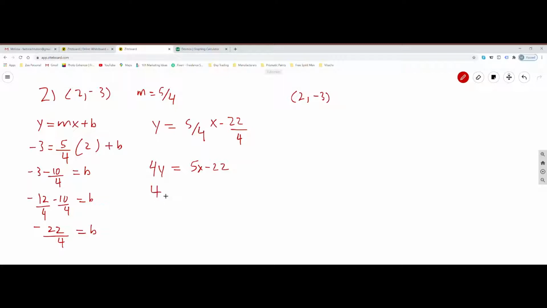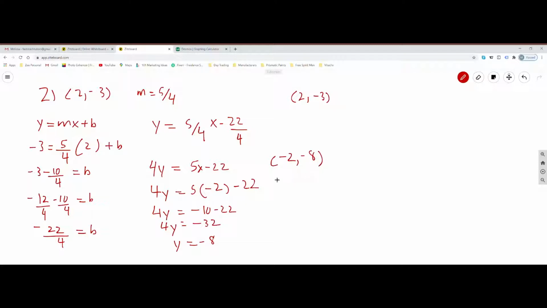So 4y equals 5 times negative 2 minus 22. So 4y equals negative 10 minus 22 equals negative 32. 4y equals negative 32. Y equals negative 8.